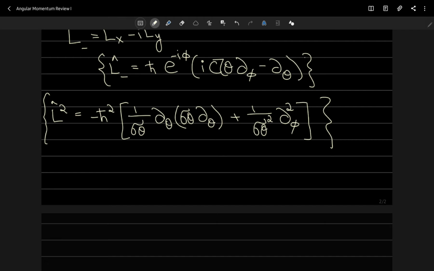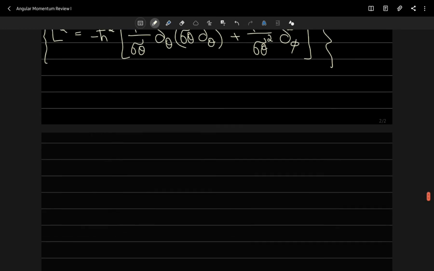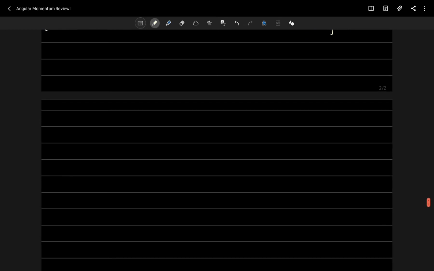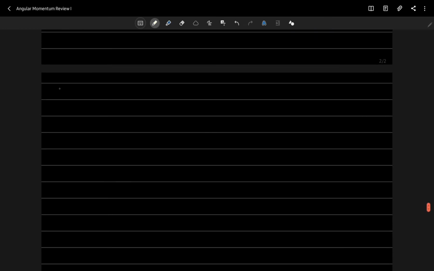And the eigenfunctions of Lz, let me write this down over here, we'll denote them with this capital phi as a function of phi, right?